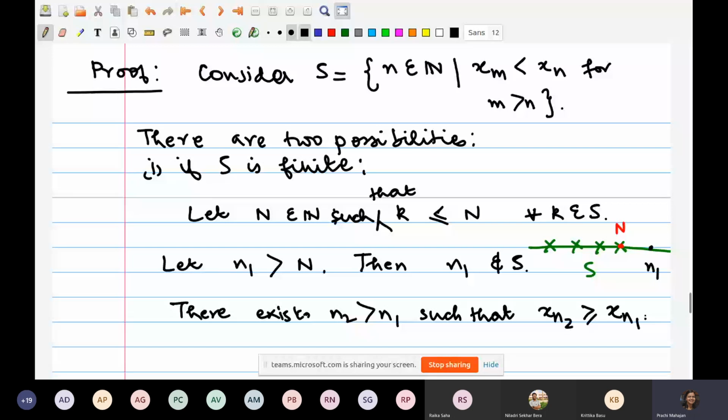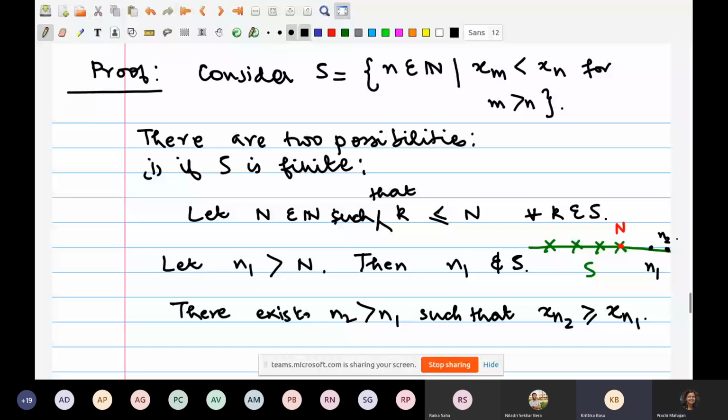Because if there is no such index N2, that would imply N1 is in S, which is a contradiction. Correct? The last statement is just from the definition of the set S. In this picture, N2 is somewhere here. Is this okay? Everybody with me?